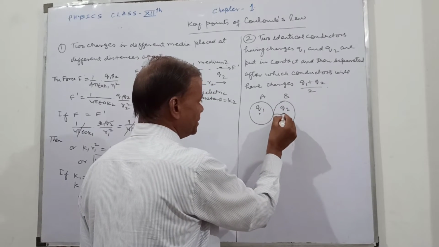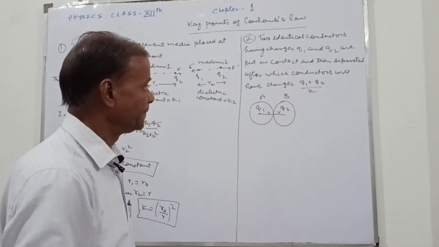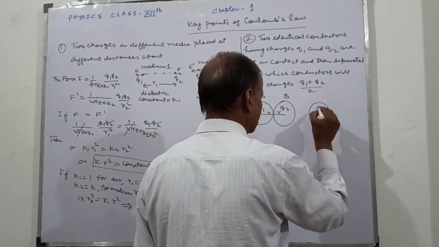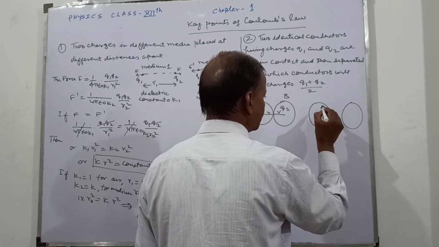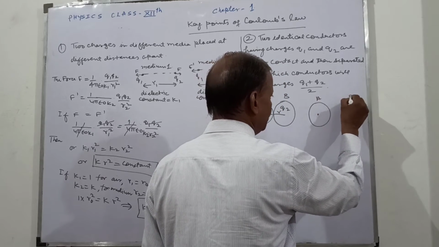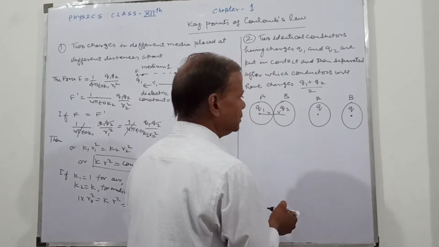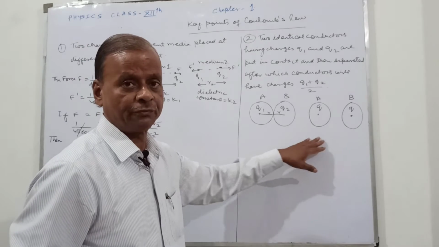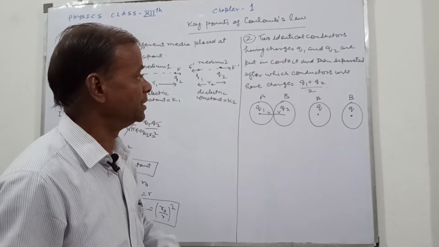Identical, so the radius is also equal to R. They are made of the same material and then they are separated. Then after separation they will have equal charge, because the conductors are identical, so the charge will be equally distributed between the two conductors.